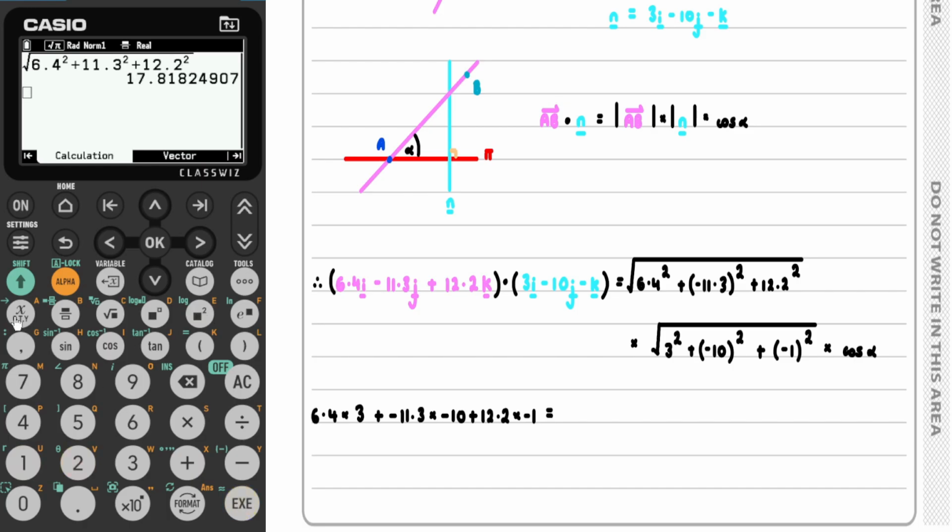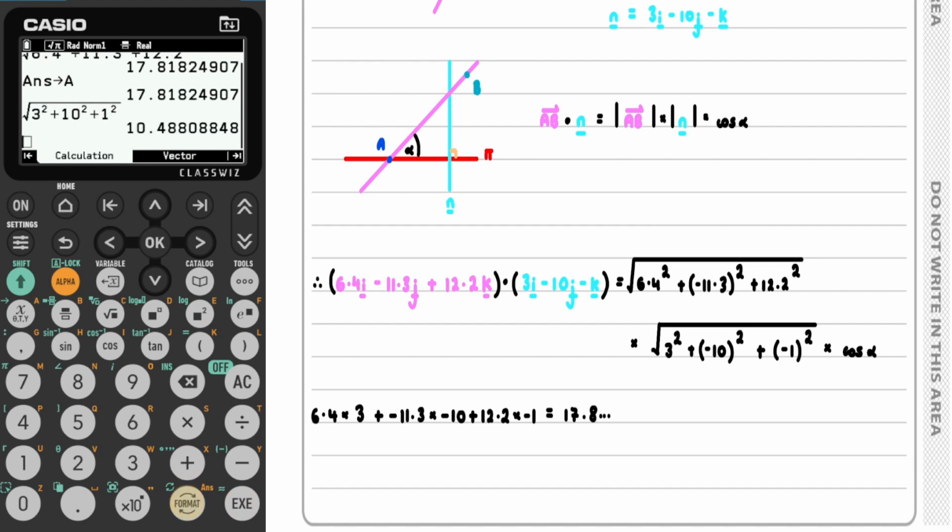Let's store this into A. So I've got 17.8, etc. And then I've got the square root of 3 squared plus 10 squared plus 1 squared, which is equal to 10.4, etc. And I times this by cos alpha. So let us store that into B.